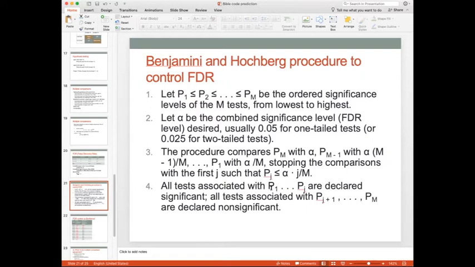All tests associated with P1 to Pj are declared significant, and all tests associated with Pj plus 1 to Pm are declared non-significant. Based on this procedure, it is demonstrated that we can control the false discovery rate at the alpha level.